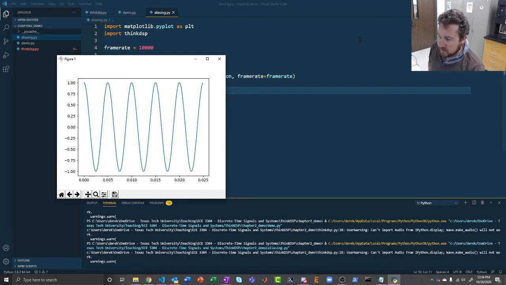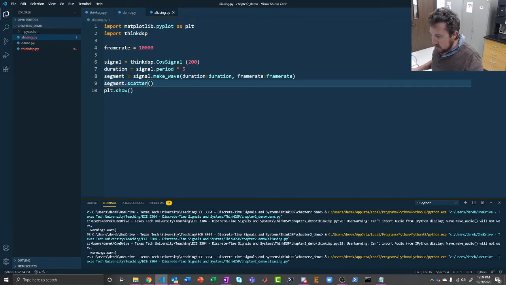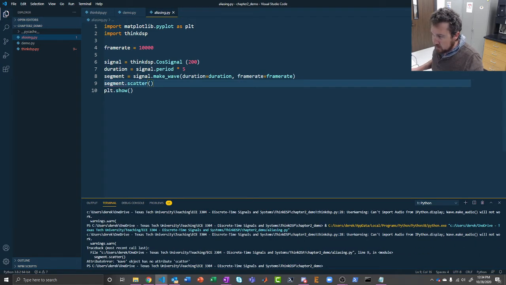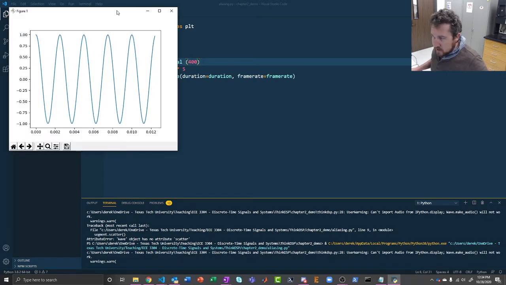So we plot that the first time, we get a pretty nice 200 hertz, really clean sinusoid. But what happens? Did he give us a scatter function? Let's see. Nope, he didn't. Just a plot. Okay. Let's crank up the frequency. Let's make it 400 hertz. Now, it still looks like a pretty good sine wave, but you can see some roughness, right?